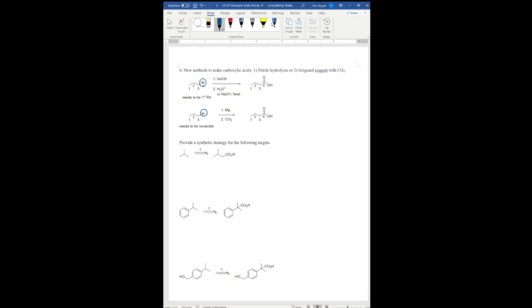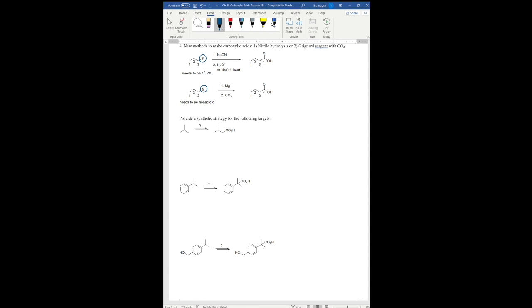Let's try some synthetic strategy for the following targets below. Let's work backward from the product. We know that we need to attach a carboxylic acid right in this position, so we could try to attach a Br group right here. The very first thing we have to do is use the NBS reaction, and this actually causes the Br to attach right in the middle.